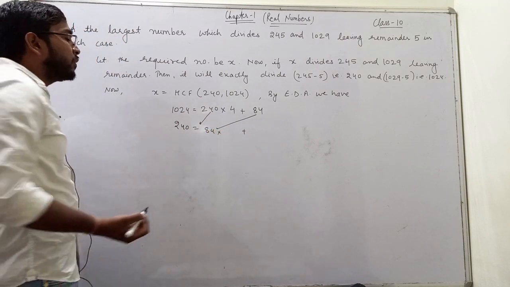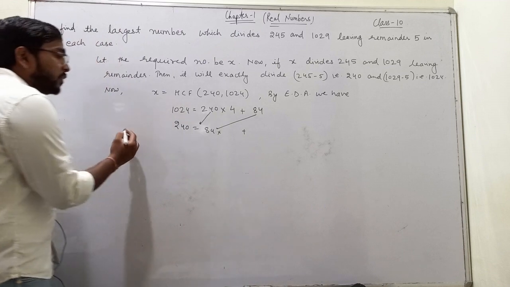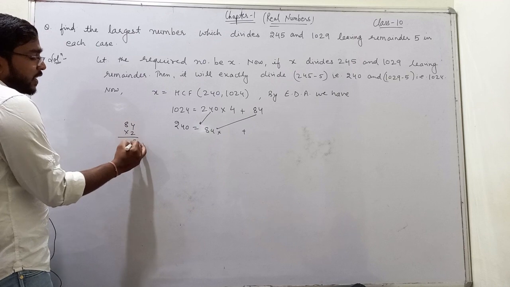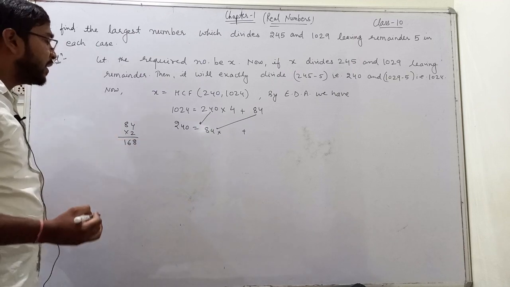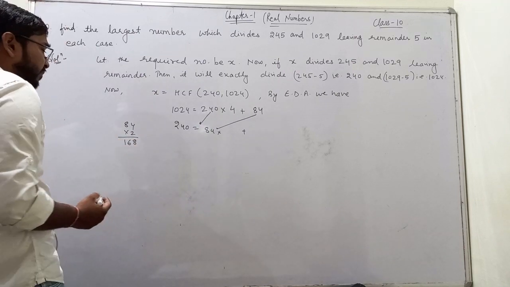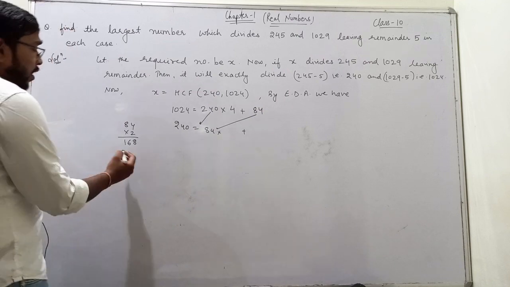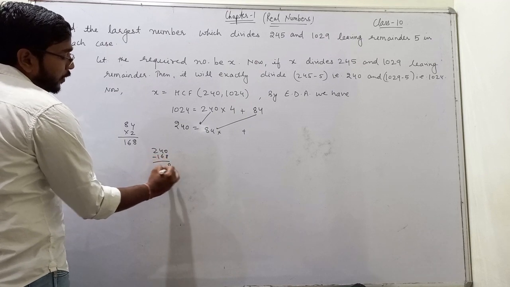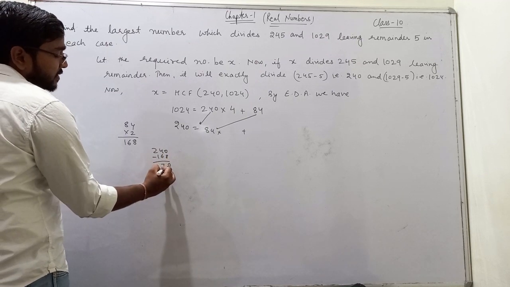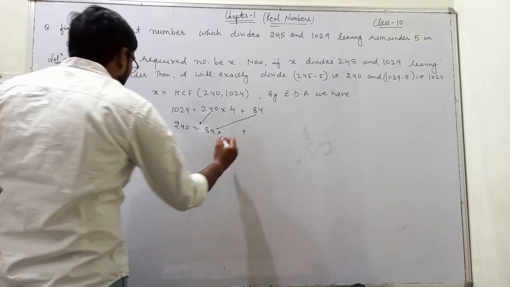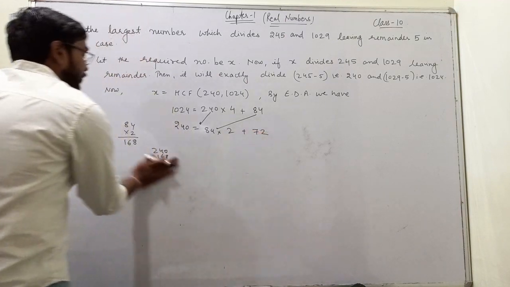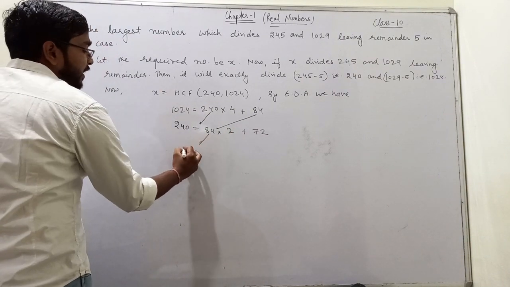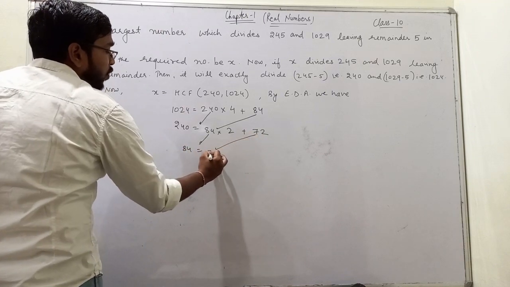So now 84 will divide 240, I think 2 times. So 84 twos are 168. Now if I subtract 168 from 240, then I will get 72. Now again 72 is non-zero, so we will place 84 here and I will place 72 here.